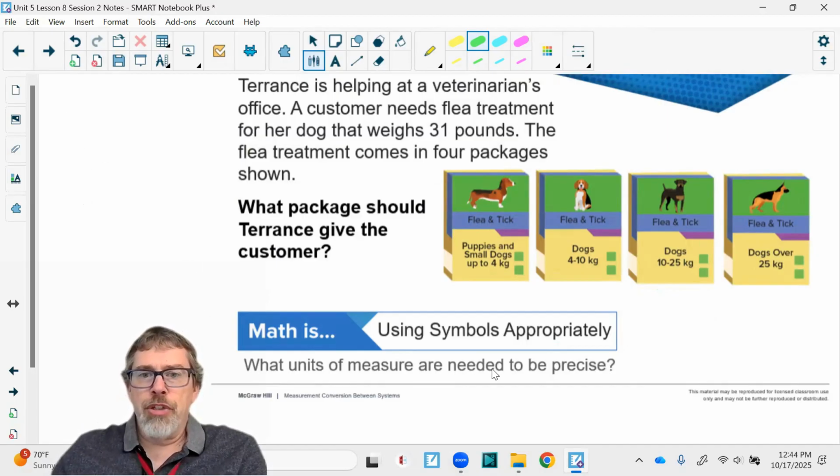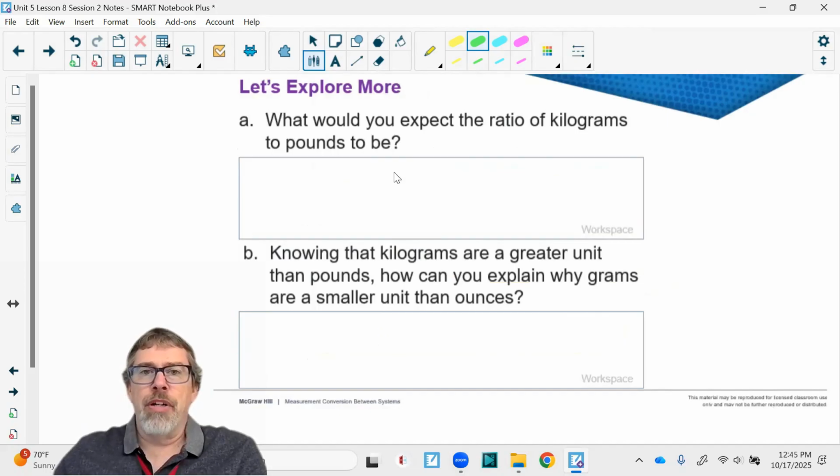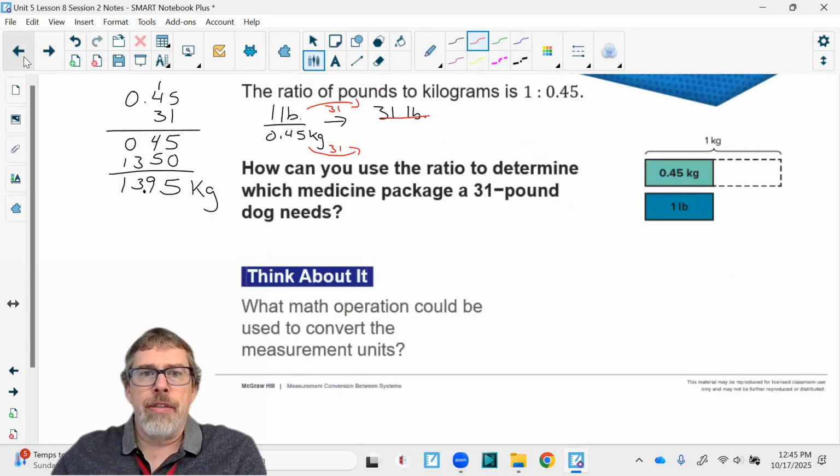So what units of measure are needed to be precise? Well, we needed kilograms and we needed pounds. Pounds per kilogram. What would you expect the ratio of kilograms to pounds to be? Okay, so now it's kilograms to pounds. Back here it said pounds to kilograms, right?